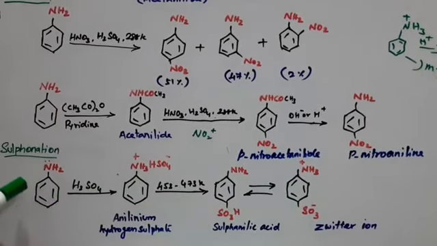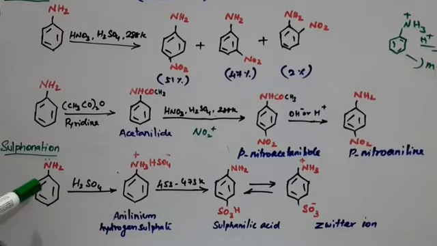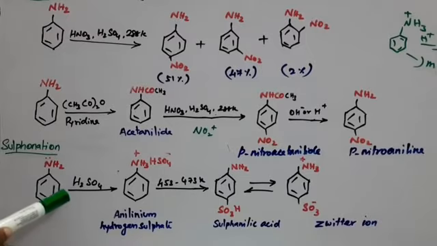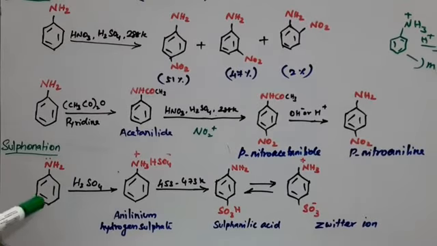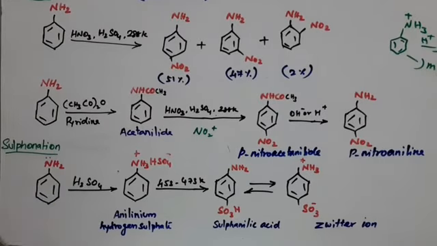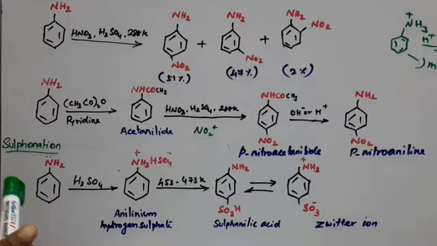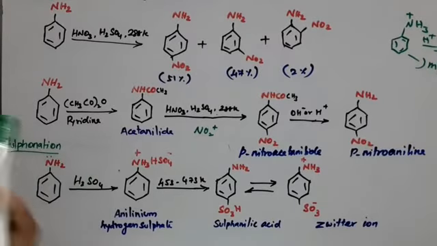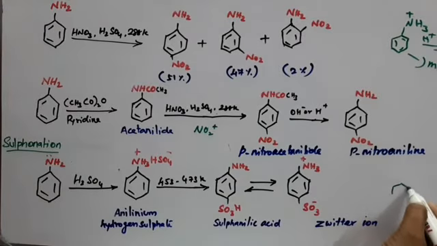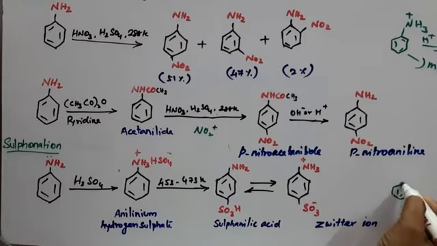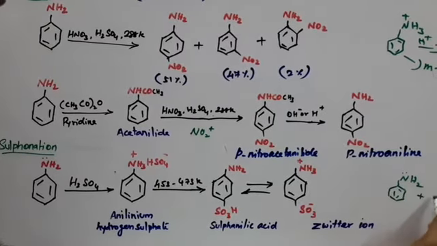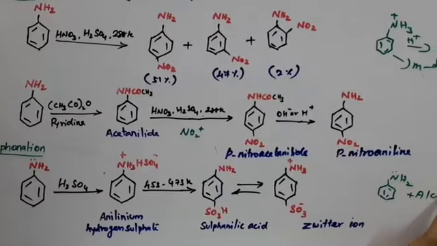Here is one question they usually ask. This aniline does not undergo Friedel-Crafts reactions. Usually Friedel-Crafts reaction means acylation and alkylation take place for electrophilic substitution. Here, aniline contains a lone pair of electrons, and it reacts with a Lewis acid like AlCl3.